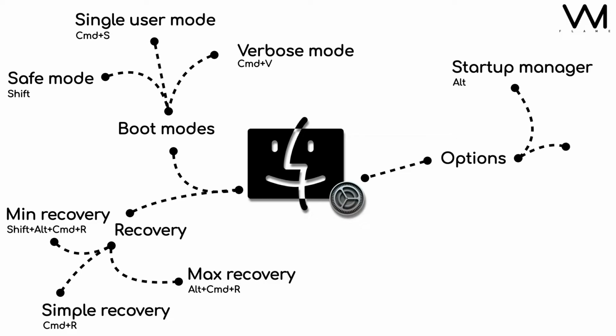Well, next option is to reset NVRAM or PRAM. Well, this crazy stuff does not really do something enormously big, but this is something like single user mode does. Well, if you reset NVRAM or PRAM, actually some settings like pinned tabs in Safari or some user interface settings will be lost.